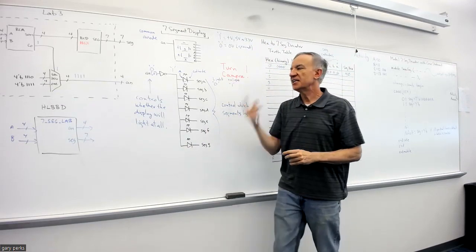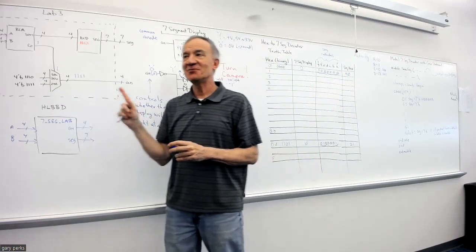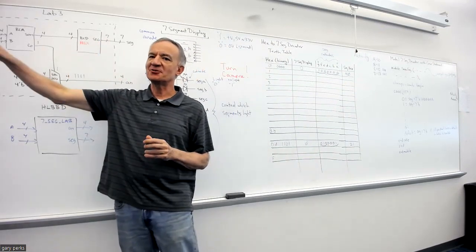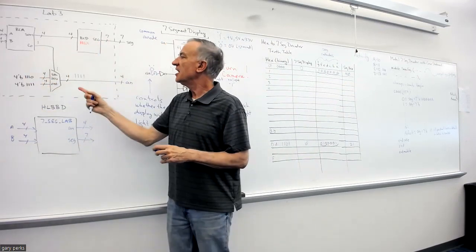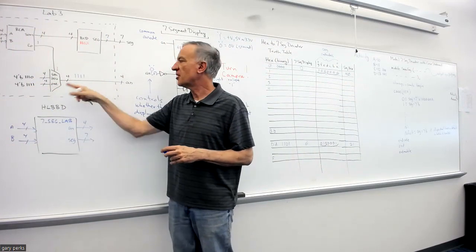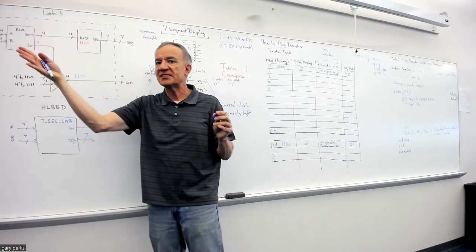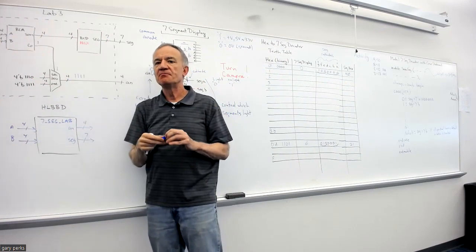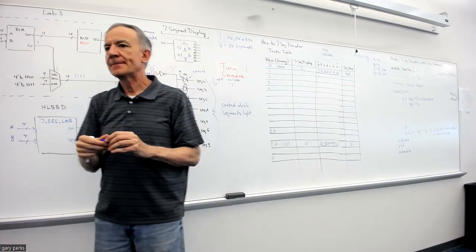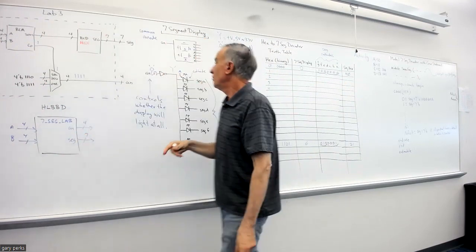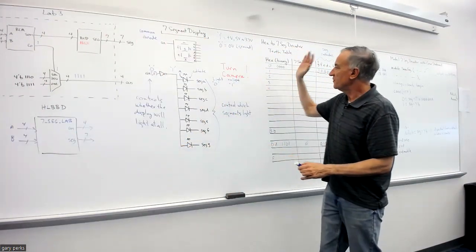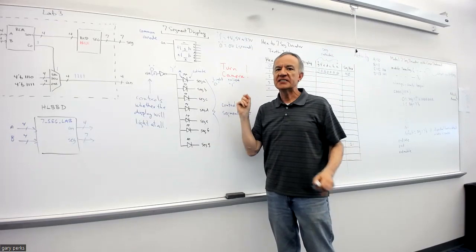So unless you use something called time multiplexing, which I will talk a little bit about in a few weeks, if you have all the displays turned on, like all 4 displays, they're going to show the same number. Because the segment A, for example, is connected together for all of them. There are 4 of these that are identical and they're all connected together.